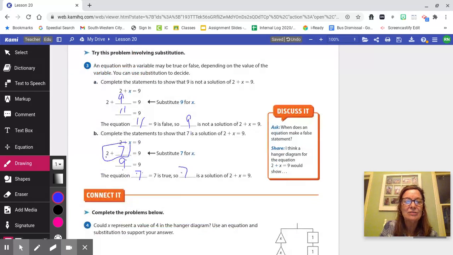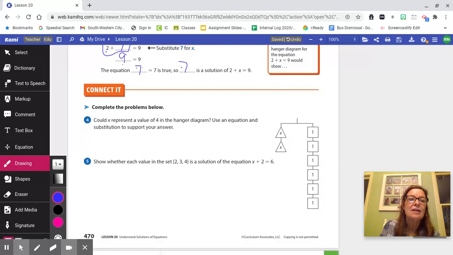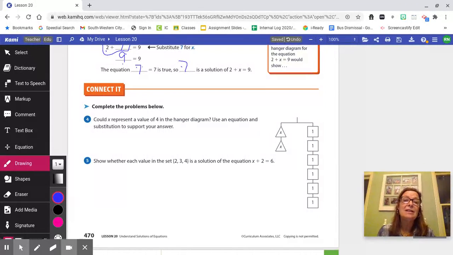Okay, let's continue. Connected. Could x represent a value of 4 in the hanger diagram? Use an equation and substitution to support your answer. So could 4 be the answer? So you might want to go ahead and stop it.